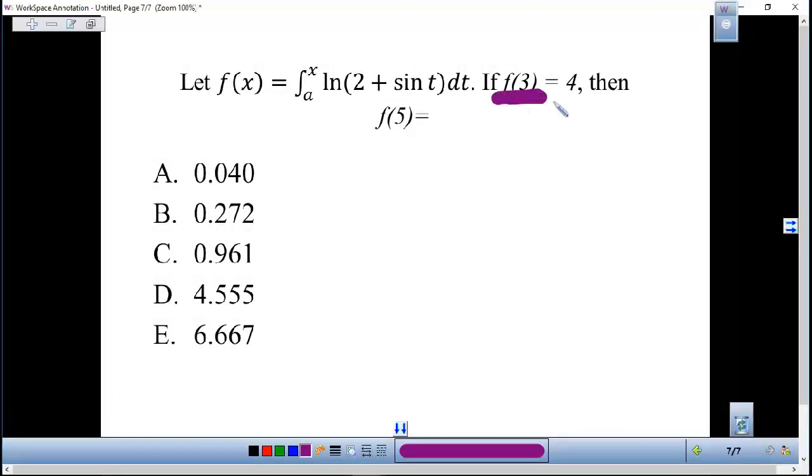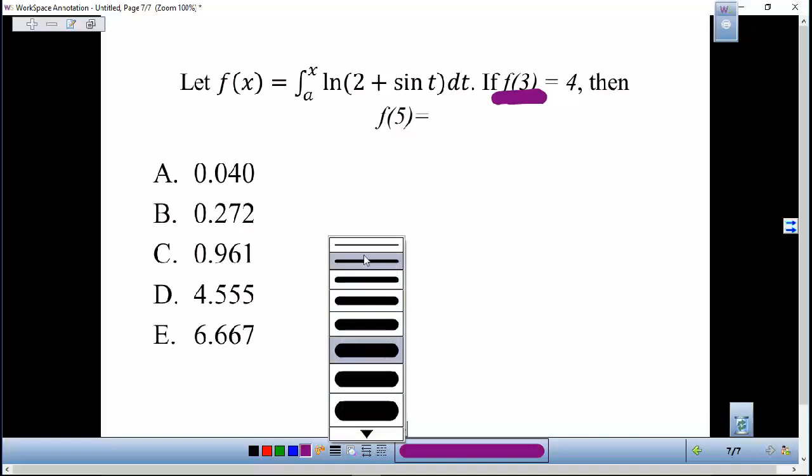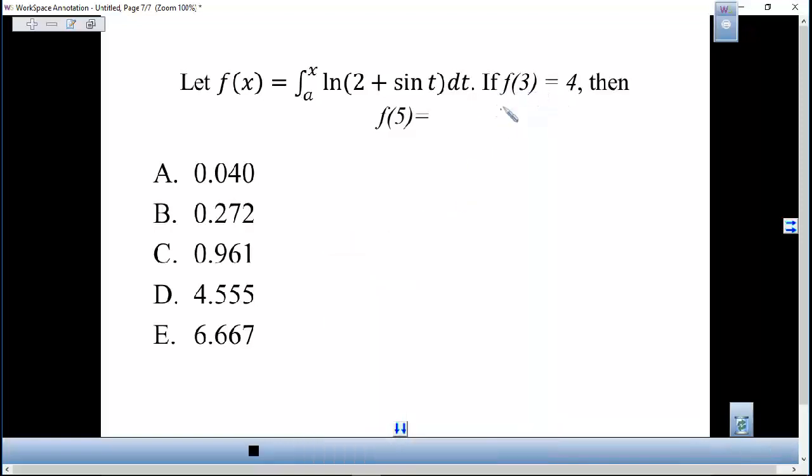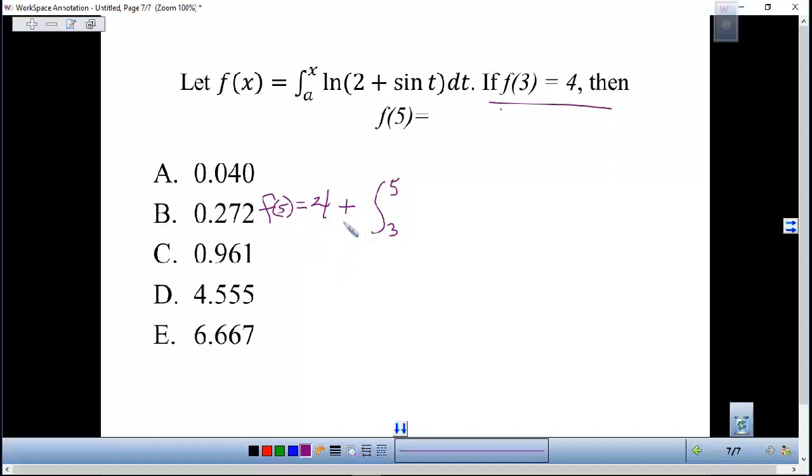If f of 3 equals 4, that means if we start our integral at 3, we know we have 4 and then plus whatever we're going to accumulate from 3 to 5. So f of 5 is going to equal 4 plus the integral from 3 to 5 of the natural log of 2 plus sine t dt.